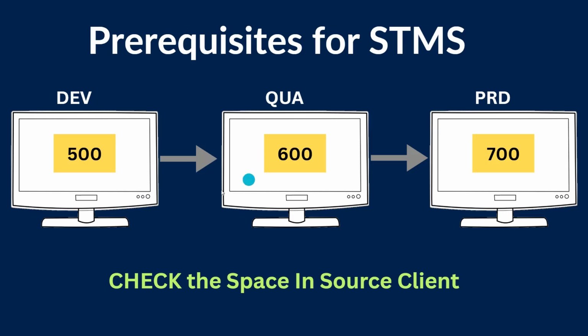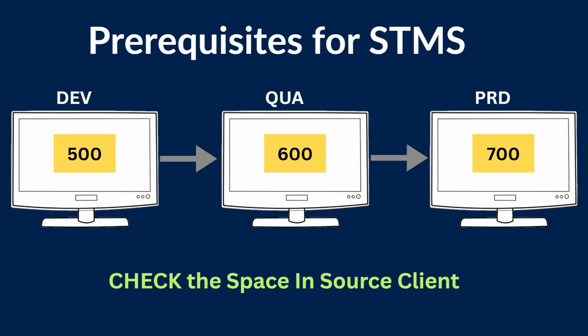For example, if the client is 500, you have to check the space used by client 500. The same space should be available in the quality system; only then can we move the data from the development system to the quality system. That is the prior check: we need to check the space in the source client, and only then can we move the data from one client to another.